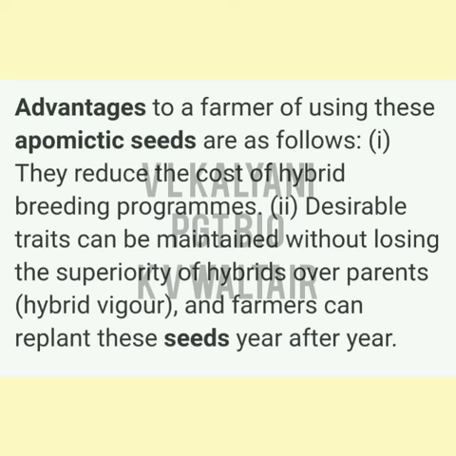What is apomixis, children? Apomixis is nothing but development of seeds without fertilization. So you take the variety you have got and try to develop apomixis or polyembryony. Then without fertilization, you get seeds, and no fertilization means there is no segregation of characters.